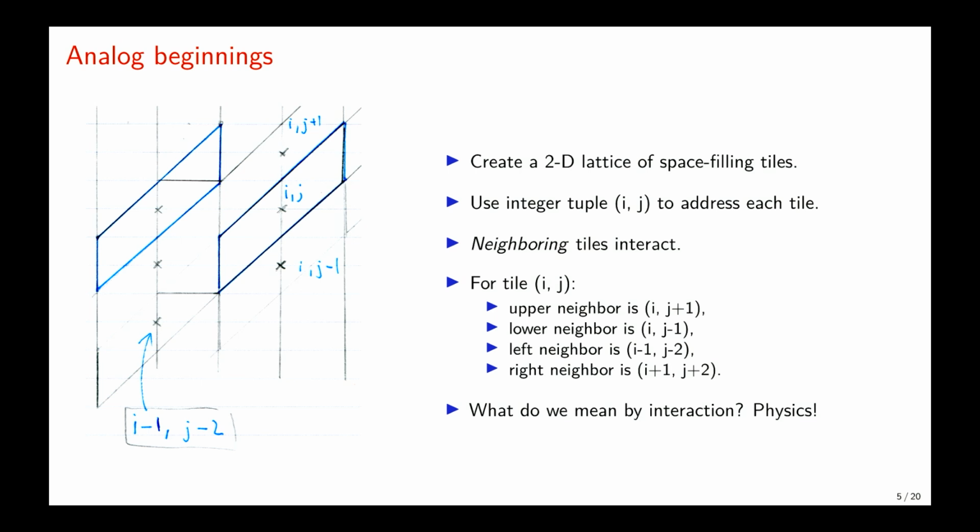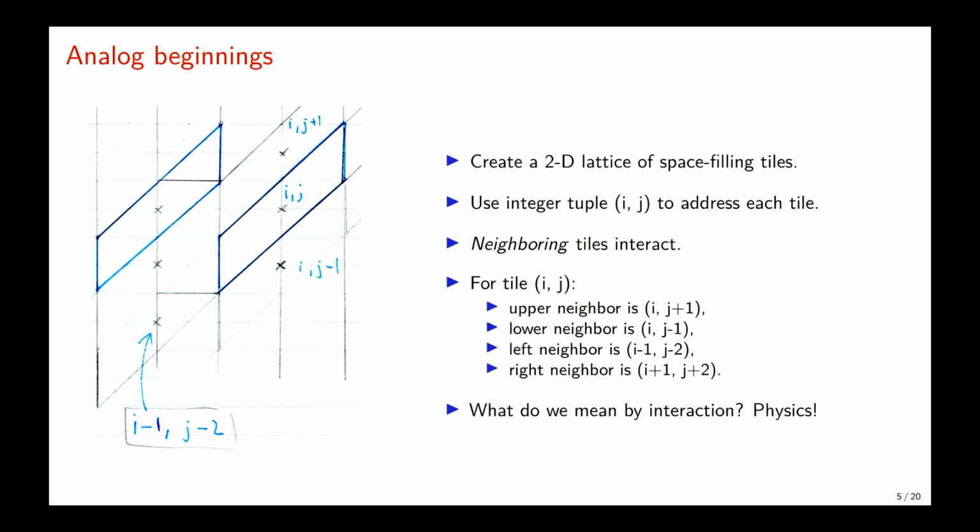I mean, if the tile is i and j, and i is your x direction and j is your y direction, then for the upper and lower neighbor, it's very easy. You just go up 1 step, you go down 1 step, and that's how you get your upper and lower neighbor.